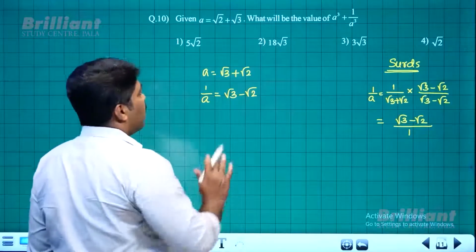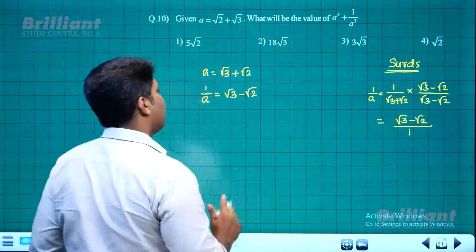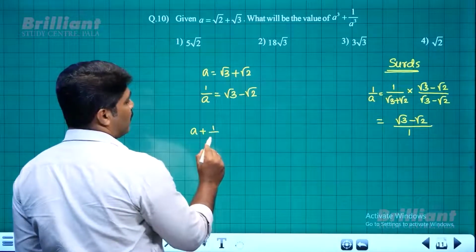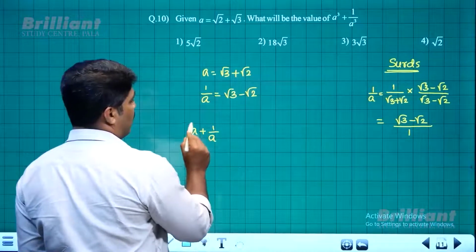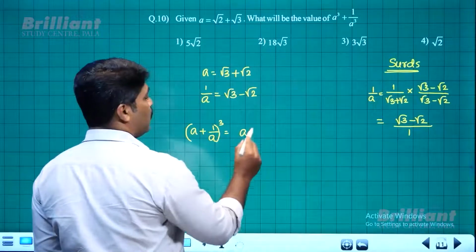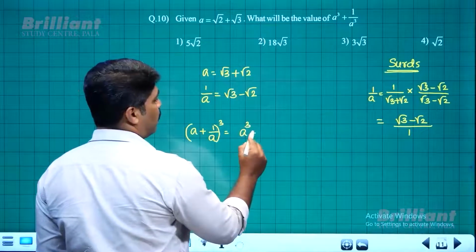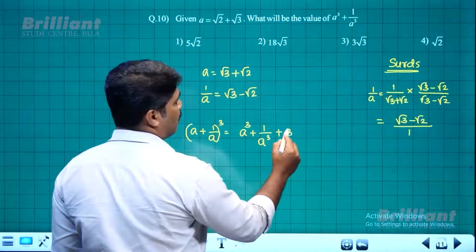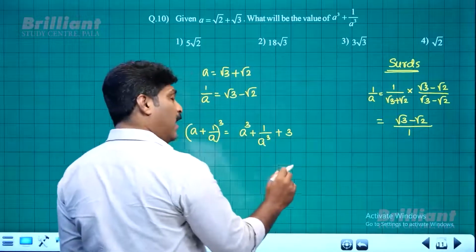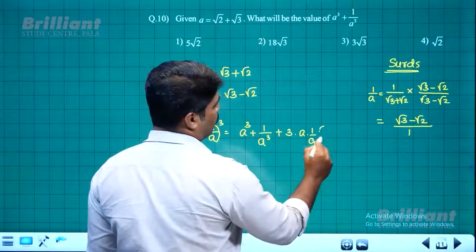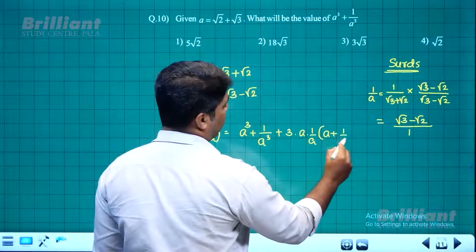So here we got these values like this. Then after that, what do you want to consider? What is a plus 1 by a, the whole cube? As we know, a plus 1 by a, the whole cube, is a cube plus 1 by a cube plus 3 into a into 1 by a into a plus 1 by a.